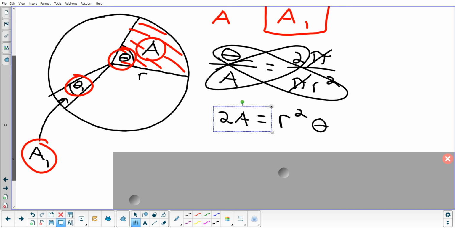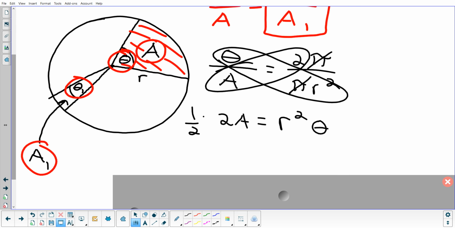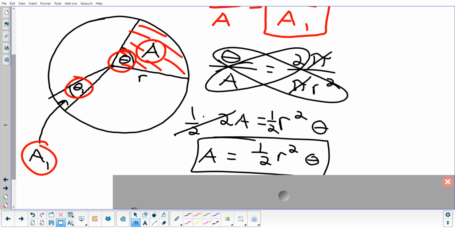Yep, divide both sides by 2. Sometimes people say multiply both sides by a half. That's how our book does it. So if we multiply both sides by 1/2, you end up with these canceling. And you get area equals 1/2 r squared theta. You're not wrong if you say r squared theta over 2.